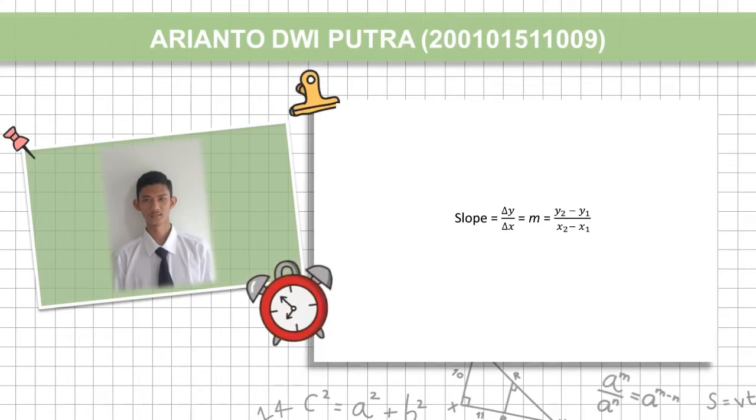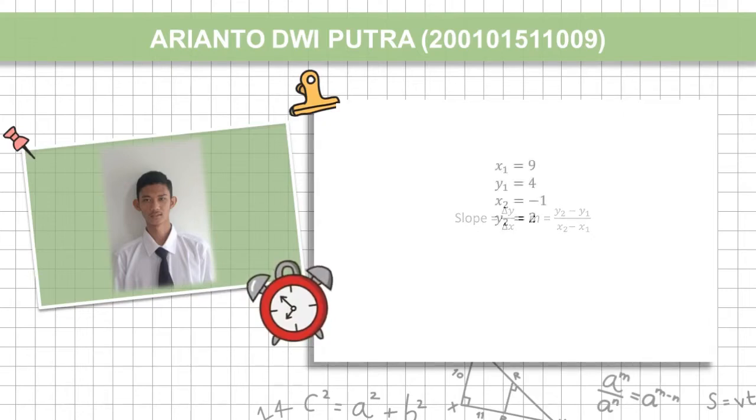Okay, answer. The formula is slope equals rise over run equals delta y over delta x equals variable m equals y2 minus y1 over x2 minus x1.